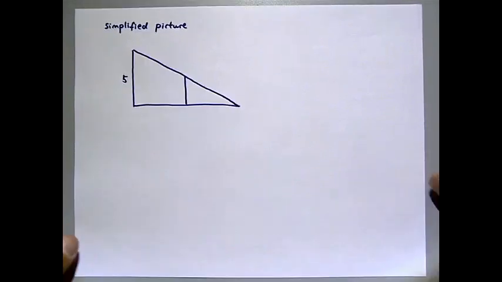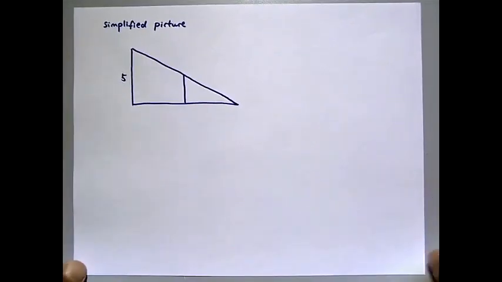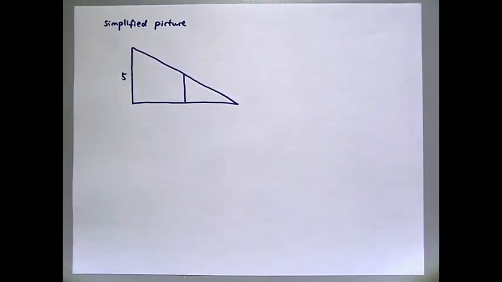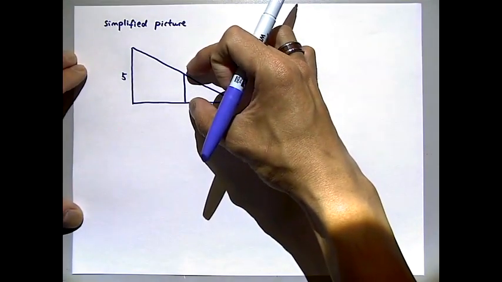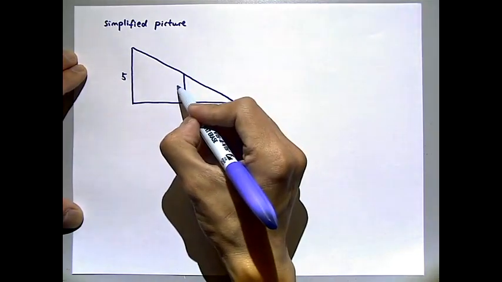The left part of the triangle here represents the light pole, 5 units long, 5 meters. All the units are the same here, so we can drop the units without losing any information. So that's 5. And this one here represents that guy, 2 meters tall.